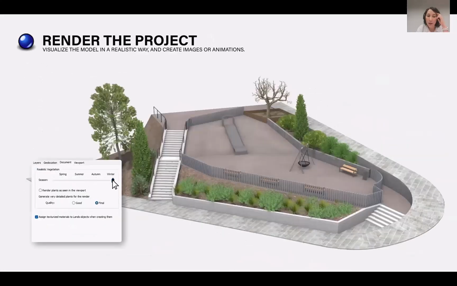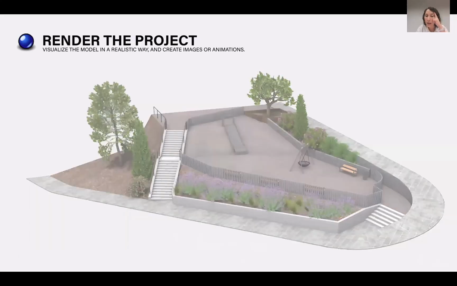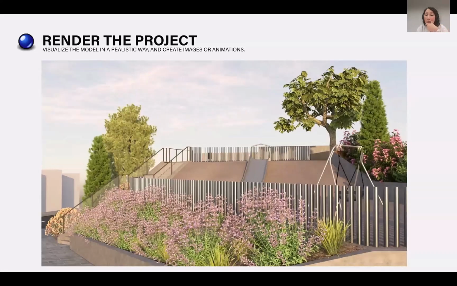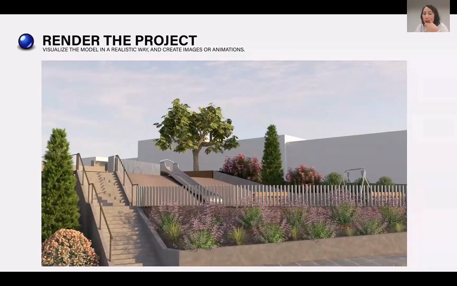In 3D, we can change from winter to summer or to spring and see how the plants would look in different seasons. The interface that you see here belongs to Rhino. In AutoCAD, the interface is quite different, but the function is the same. The plants inside the program have this kind of seasonal change so that you can see it when you apply a render.